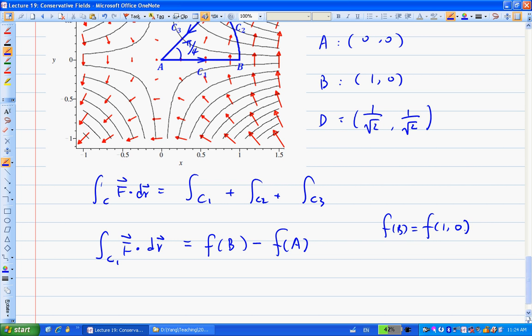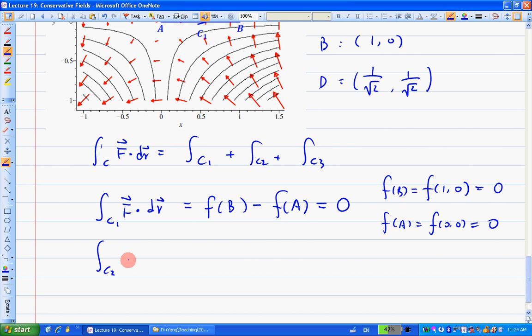Because f is xy, you substitute 1, 0 there, you get 0. Is that clear? And f of A is f(0, 0), so that's another 0. So this whole thing is 0. The first line integral is 0.